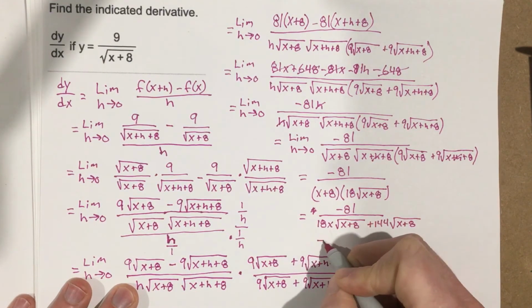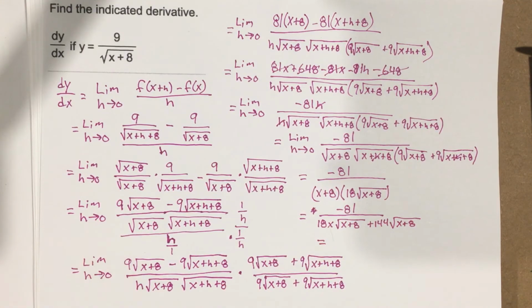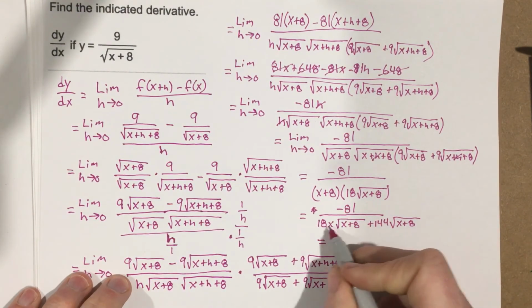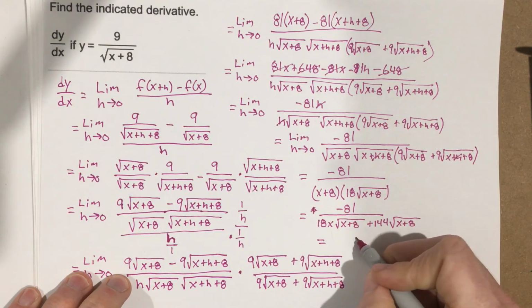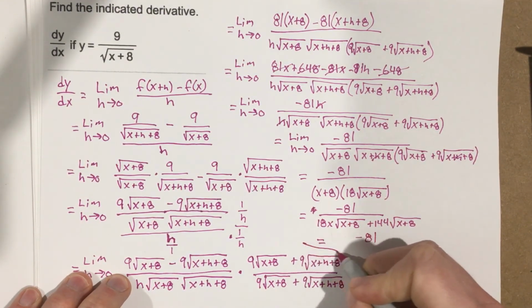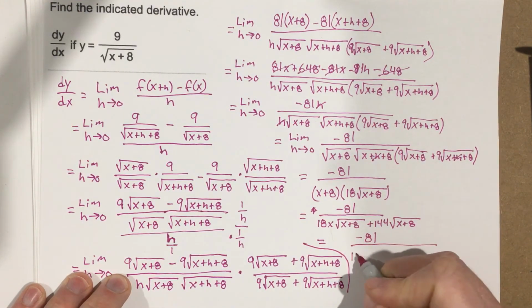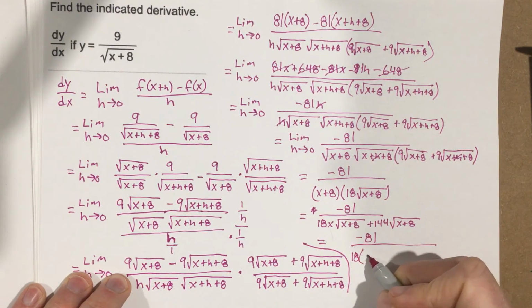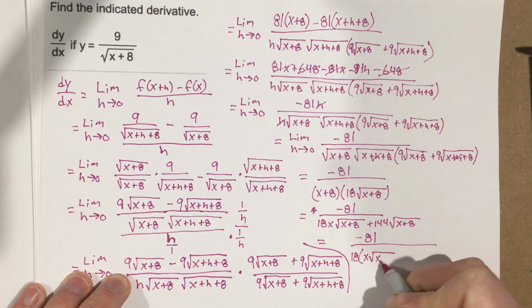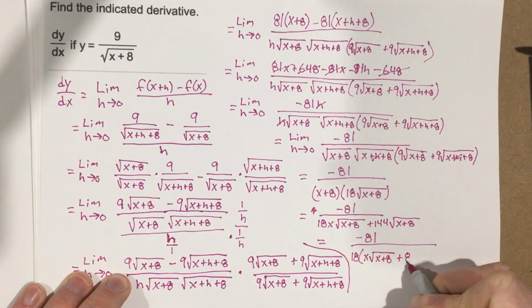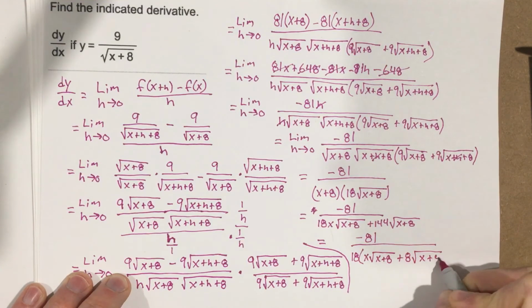We can factor out, what can we factor out of that? 144 divided by 9. So we can actually factor out 18 out of that, 144 divided by 18. Yes, we can. So we're going to factor out an 18 out of this. So we end up with negative 81 over 18, just going to draw a little line there to keep it separated. This will be x root x plus 8 plus 8 root x plus 8.